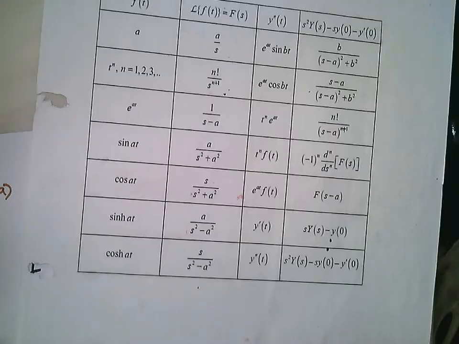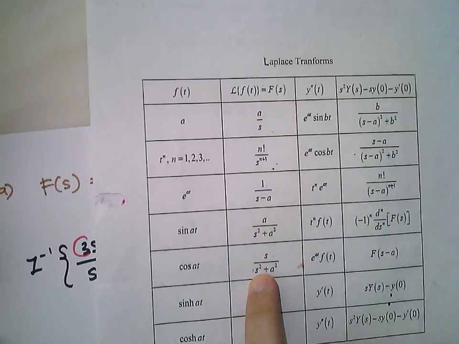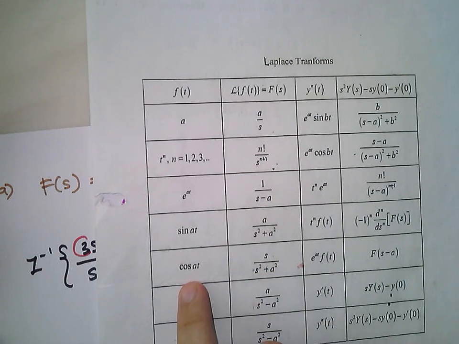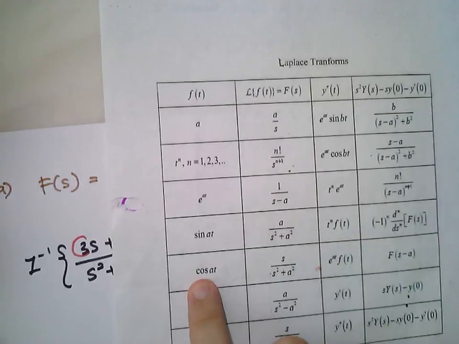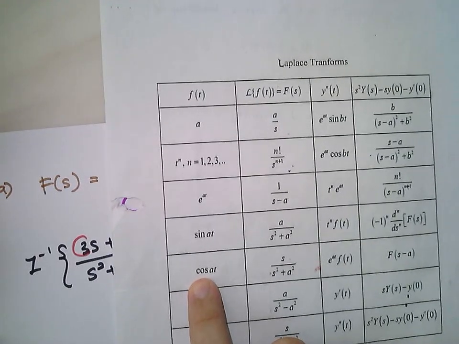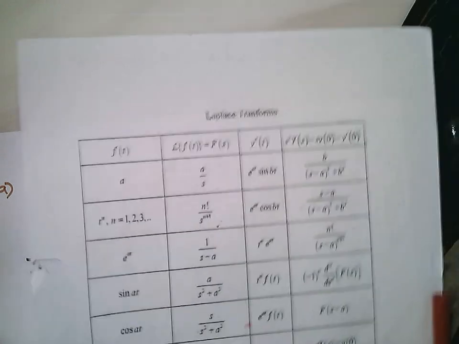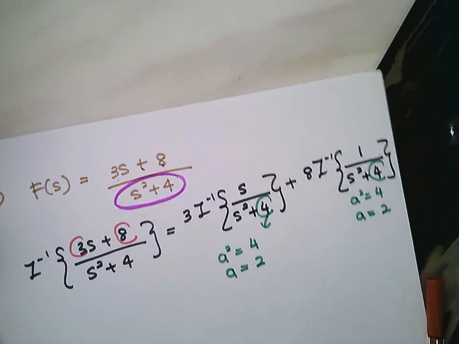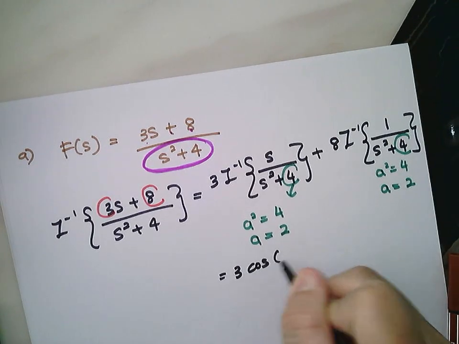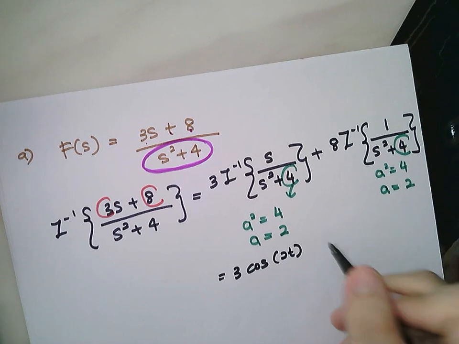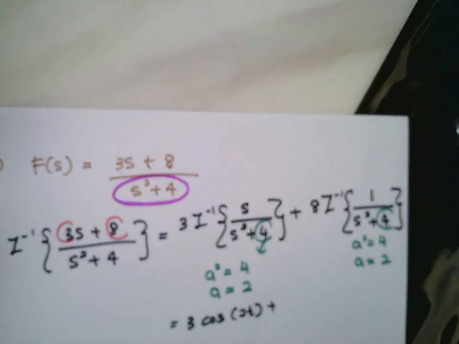Because when you have s over s squared plus a squared, you directly get cos at. Since your a is equal to 2, you will have cos 2t. So for the first part, you have 3 cos 2t plus.